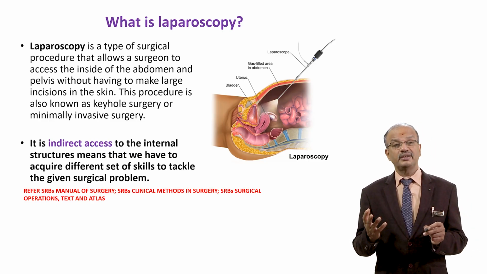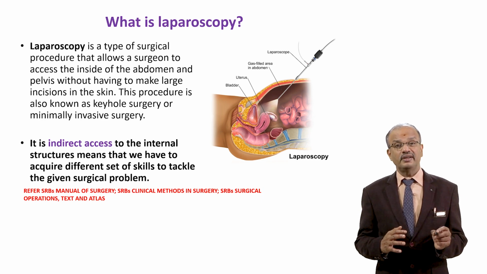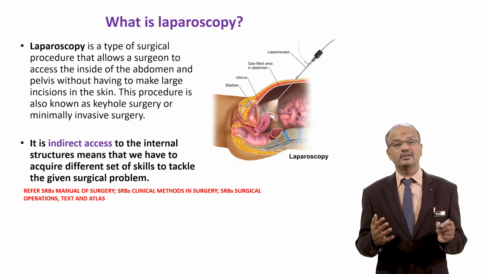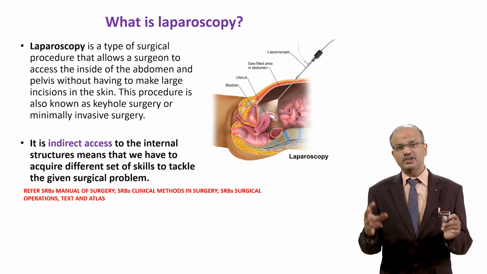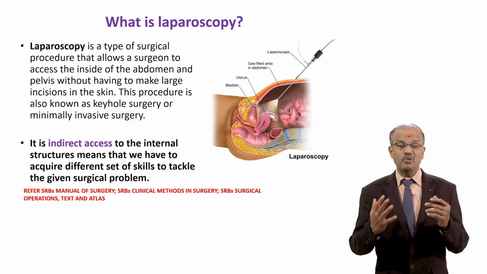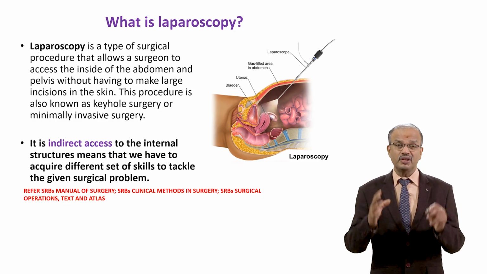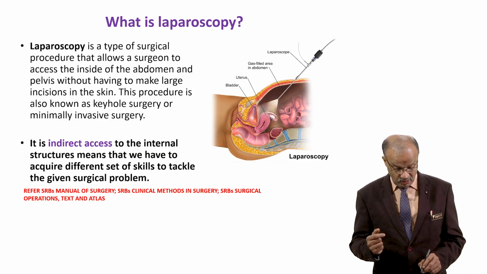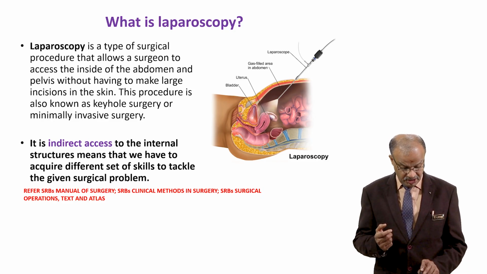It's indirect access, indirect skills, and also of course, no feeling. In olden days with open surgery, there is a tissue feel. You feel and then do the surgery. That feel is very, very important in open surgery, which is not there here. That is a bit of a drawback actually. Everything you should assess on visualization. The clarity of images is very, very important when you do laparoscopy. So naturally, it is indirect access.